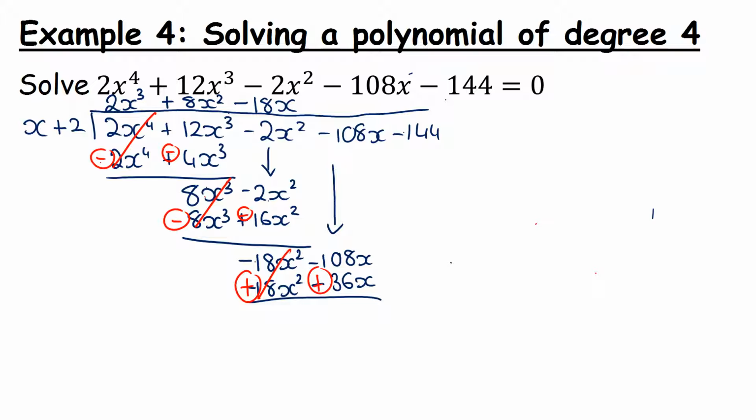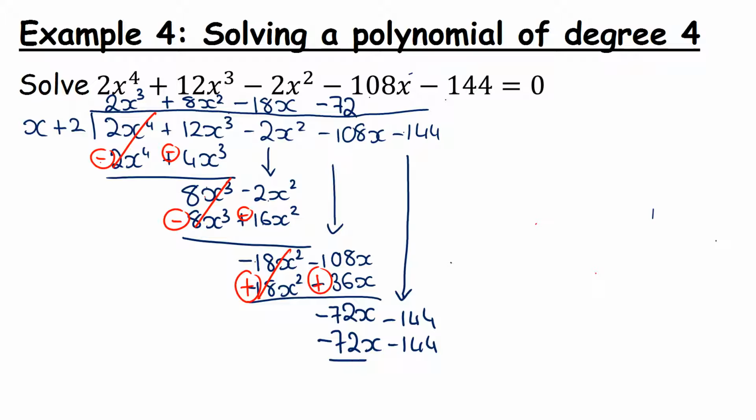So here we're left with a minus 72x, and we bring down my minus 144. So this goes in minus 72 times, so we get minus 72x minus 144, and we change our signs, so we're subtracting here, and we're left with no remainder, which is as expected.